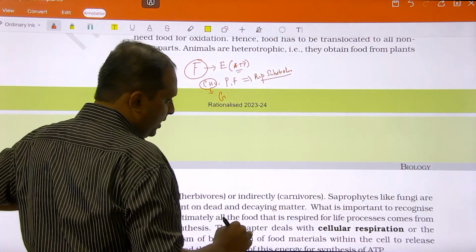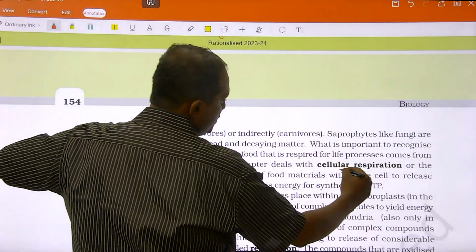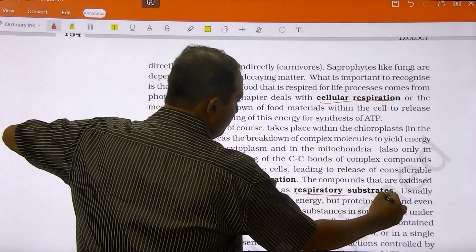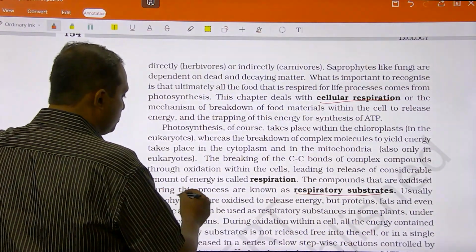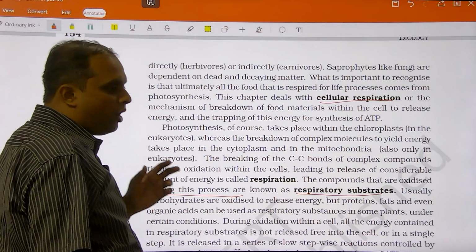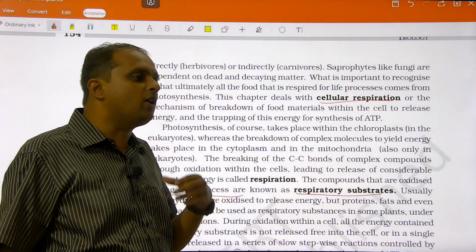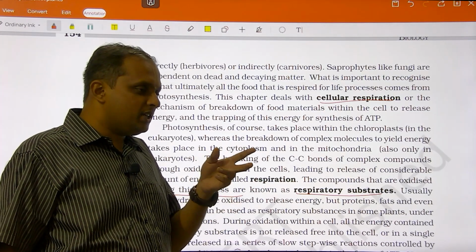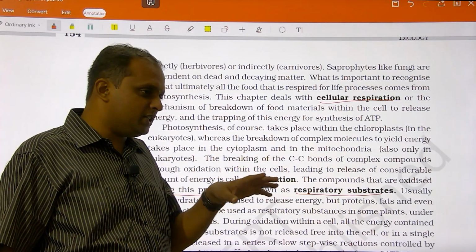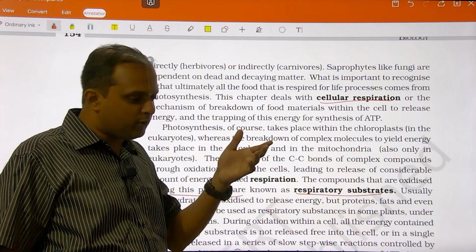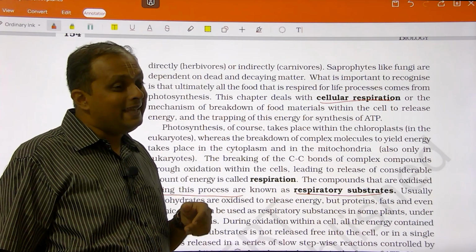You get this point? He has meant cellular respiration here, right? And he has said these are all the respiratory compounds that are oxidized during this process. Any compound, in order to liberate energy, ATP, has to get oxidized. Oxidation, your chemistry can define in one or two ways, but here the way we need is LEO.